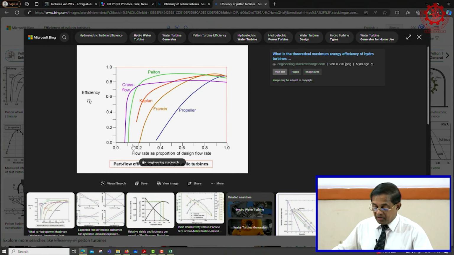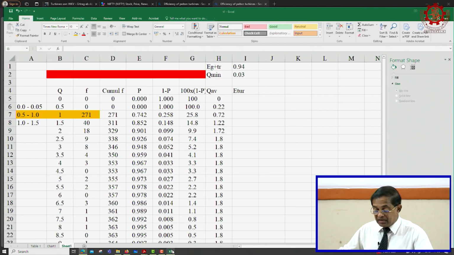You can see this is the flow rate as a proportion of design flow, given as a percentage flow, and for the Pelton it is, as we all know, quite flat. So we have to know our percentage flows here, that is, out of 1.8, what is the percentage.